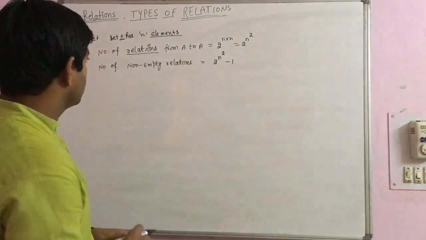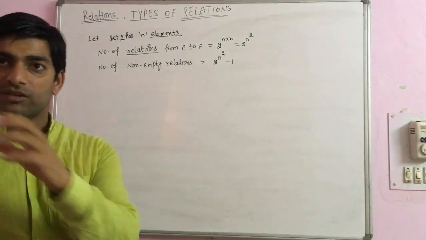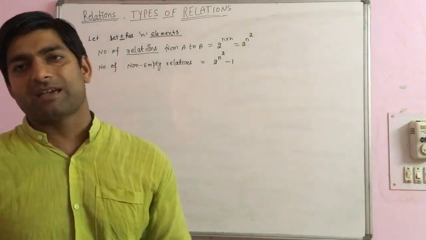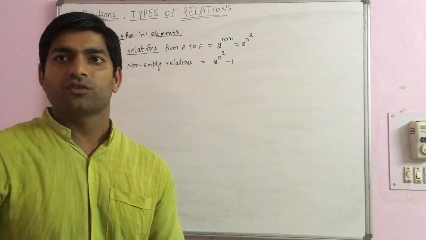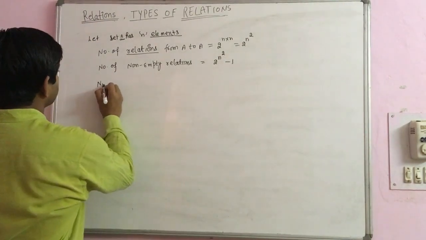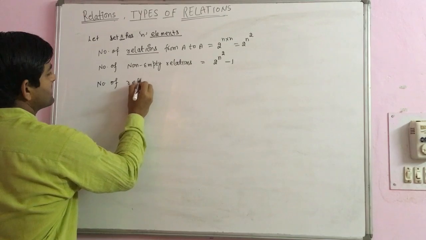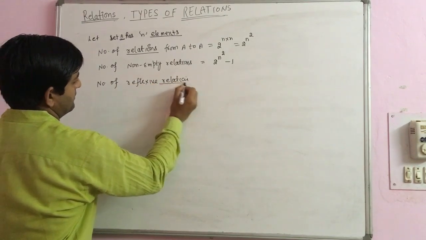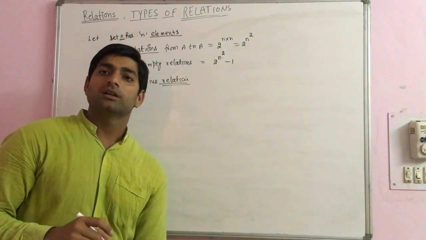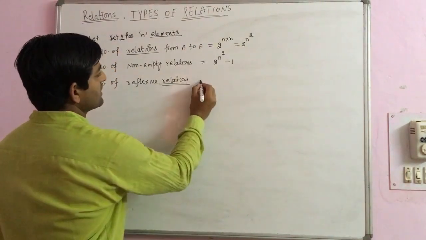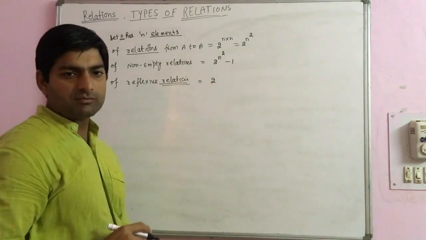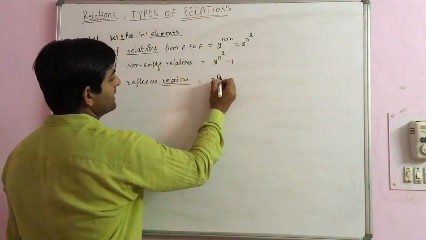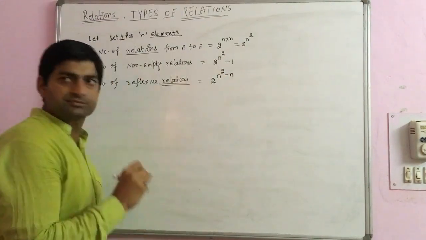Now coming to a very important topic, which is very important for competitive exams, not from the 12th point of view, but in competitive exams, a question surely comes from there. Number of reflexive relations is equal to 2 to the power n square minus n.